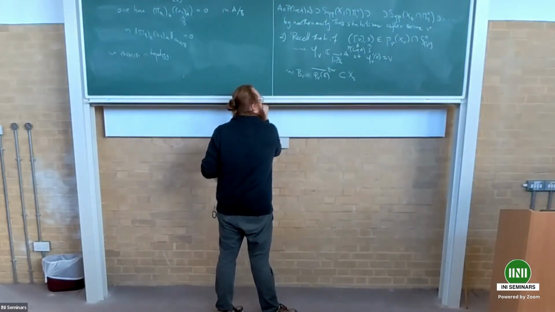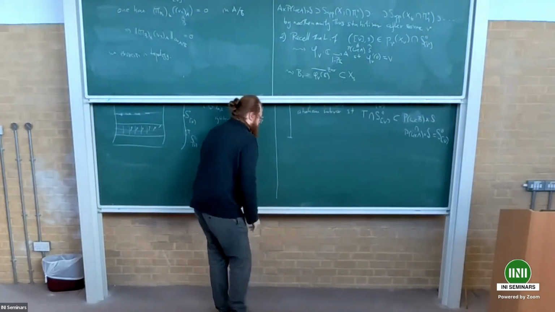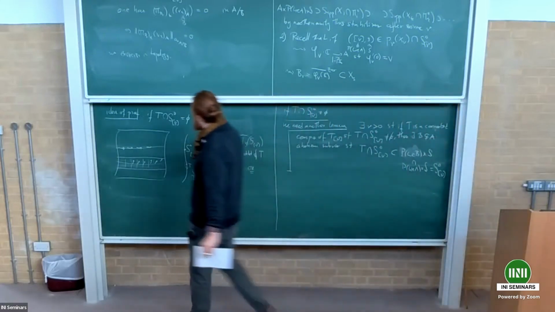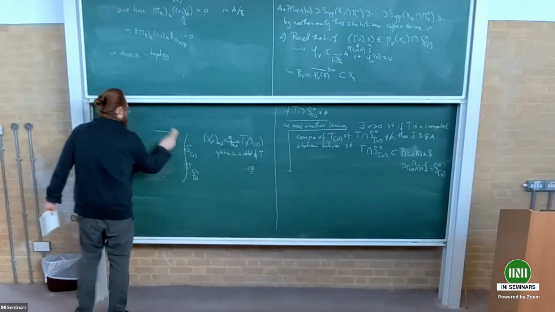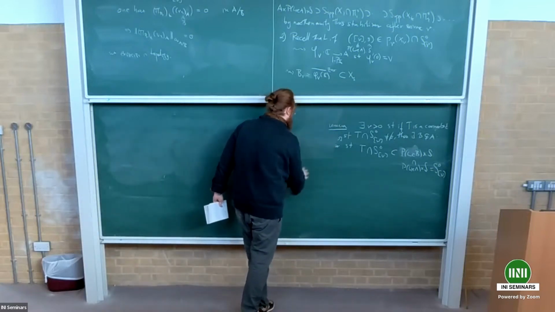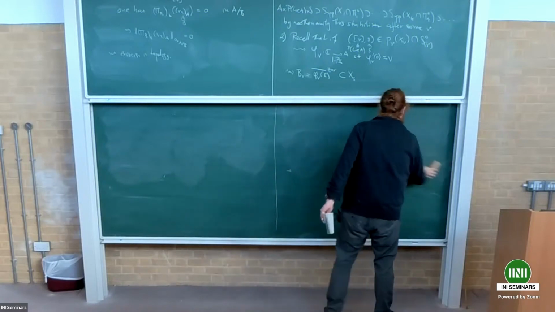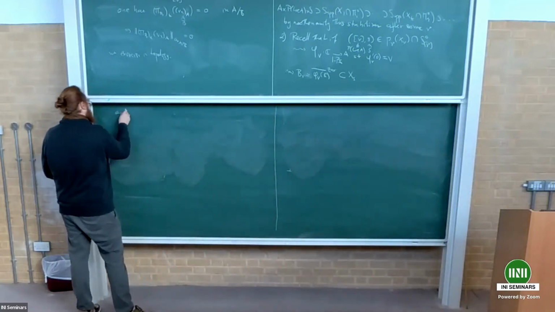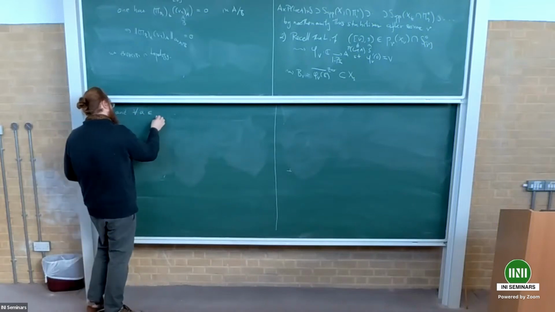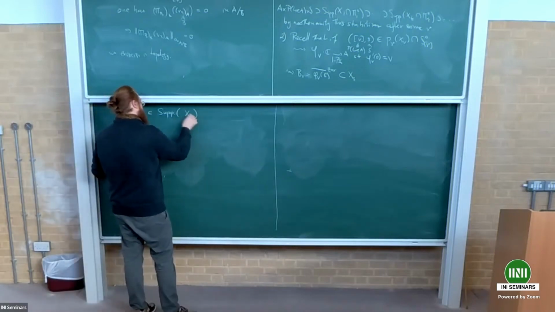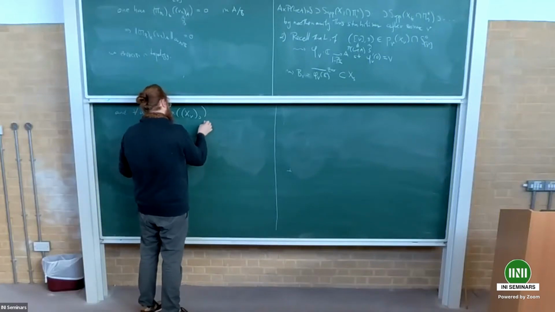And not only do you have this, but you also have, by the same argument, for any A in the support of x nu S, so S is, sorry, it's not S here.